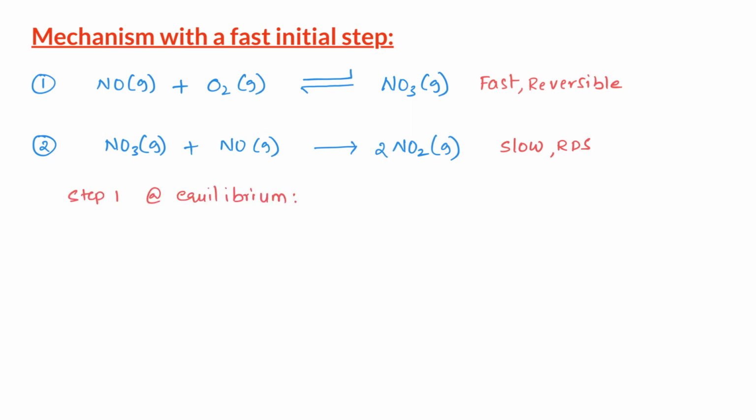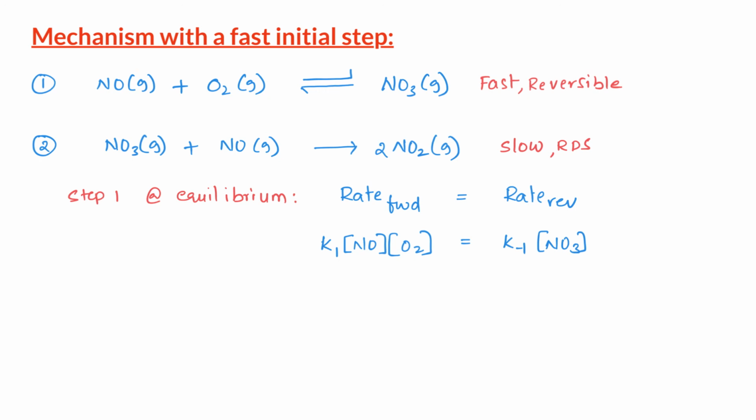When equilibrium 1 has been established, we can say that the forward reaction rate must be equal to the rate of the reverse reaction. And we know that the rate of forward reaction is equal to K1 times concentration of NO times concentration of O2. And the rate of reverse reaction is equal to K minus 1 times the concentration of NO3.